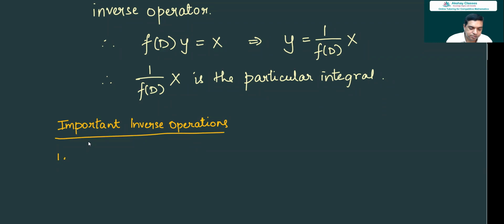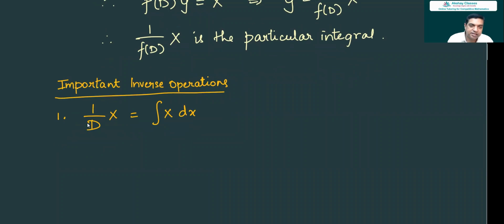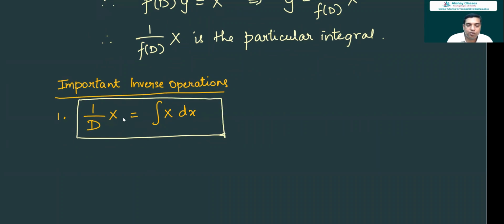First one. If it is 1 by D of x, 1 by D of x is nothing but the integral of x dx. The inverse operator on x, 1 by D, will give us the integral of x dx.